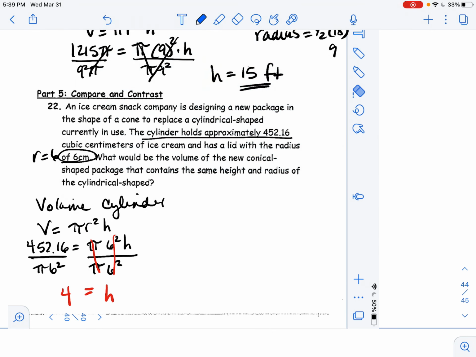It's about 3.99. All right, so now let's find the volume of the new conical shape package that contains the same height. Okay, so volume of a cone. All right, so we know that this is going to be 1/3 pi r squared h. We know that the height's going to be the same.